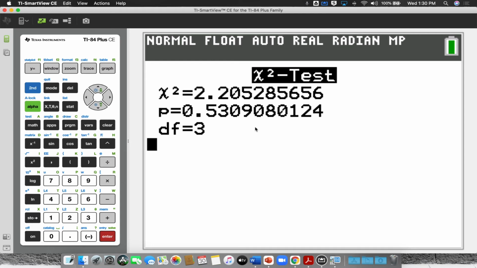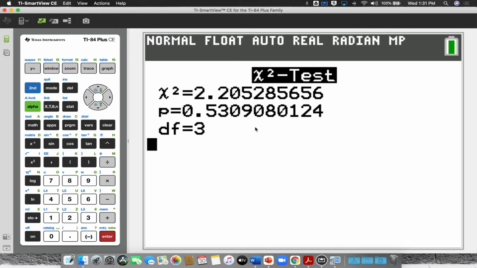So let me write that down first. Chi-square is 2.2053. That's my chi-square statistic. When I add up all of those chi-squareds for each of those 8 cells, it's going to give me 2.205285, blah, blah, blah. And then it also gives me a p-value right below it. So let me write that down.